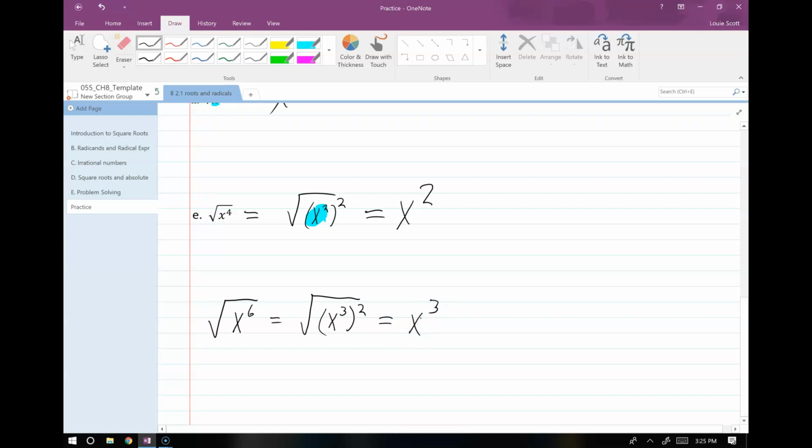And something that you guys will notice, this is a rule that we'll learn tomorrow, is that when you have an even square root like this, what pops out the other side is exactly 1/2 of the exponent. And so the square root of x to the 4th is x squared. The square root of x to the 6th is x to the 3rd. The square root of x to the 100th would be x to the 50th. So it's just 1/2. It's a real simple kind of rule that goes along with that.